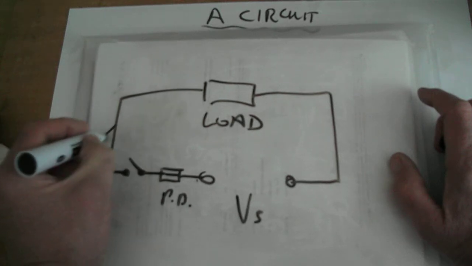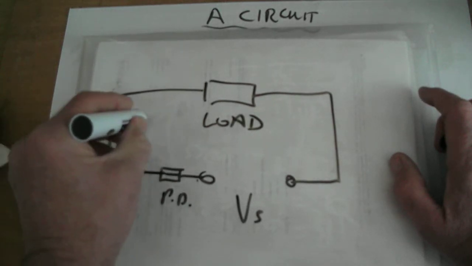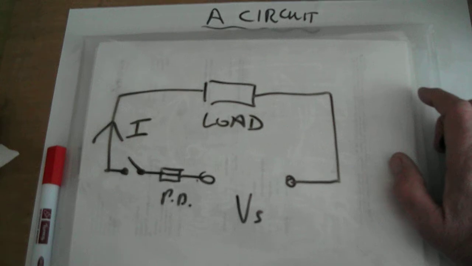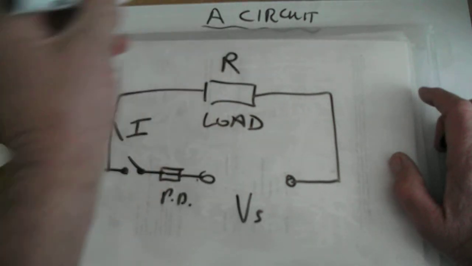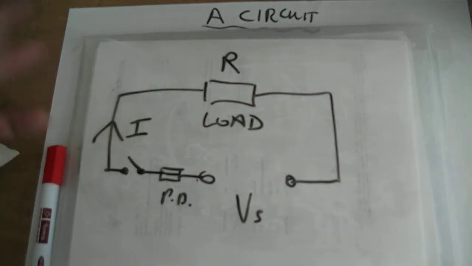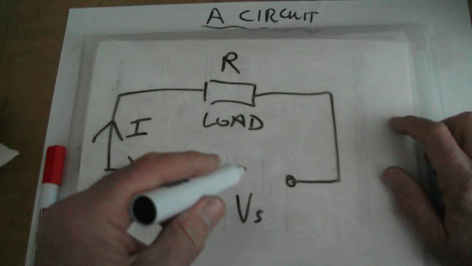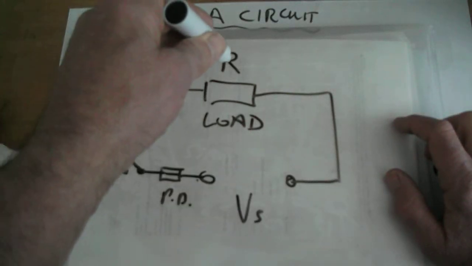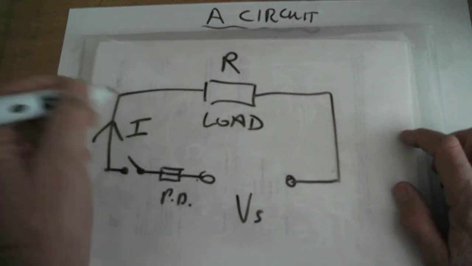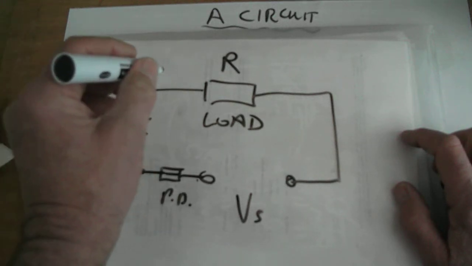That is pushing through what we call a current, and that is I, and the resistance is present in the load. So we're going to come on to a little chart in a minute to explain that a bit more clearly.